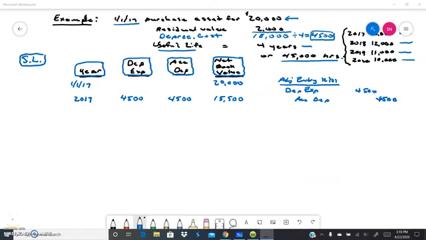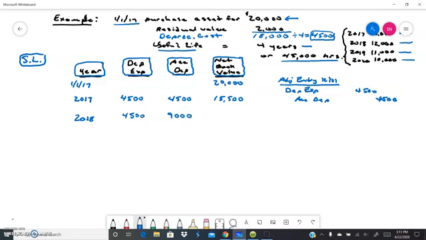Okay, so I just moved the table up a little bit so we'd have a little more room. So in 2018, again, under straight line, we'd have the same amount of depreciation expense, $4,500. And we'd have the exact same depreciation expense entry. When we make that entry, debit depreciation expense, credit accumulated depreciation, our accumulated depreciation account is now going to be 2 amounts of $4,500.